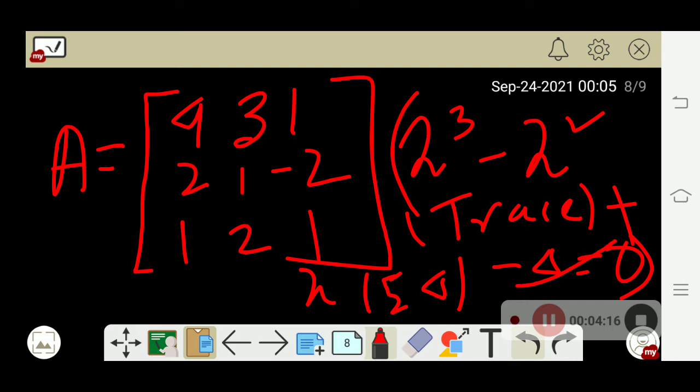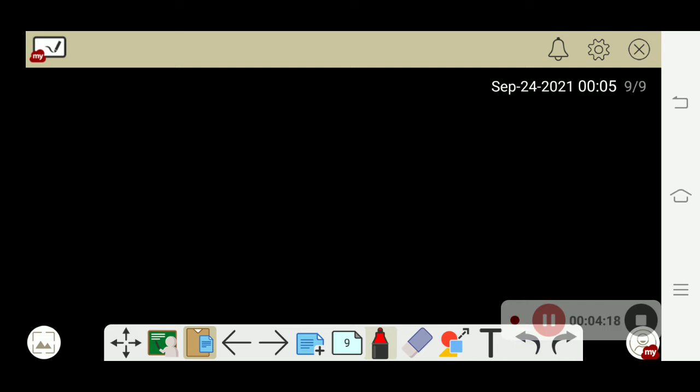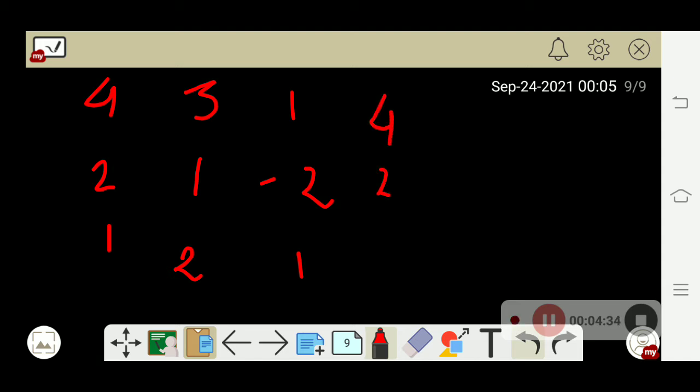Let's find the determinant first. What is the short trick? Write 4 2 1 3 1 2, 1 minus 2 1, and again repeat the first two columns, 4 2 1 3 1 2.